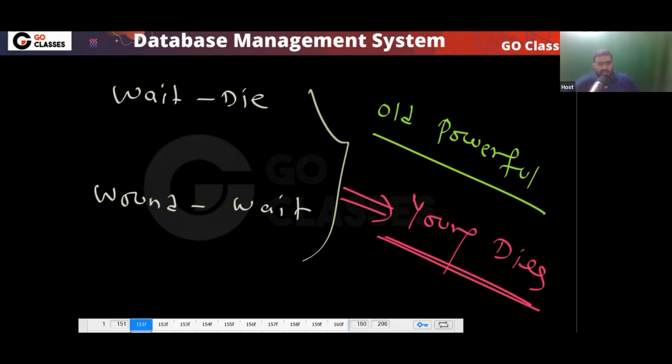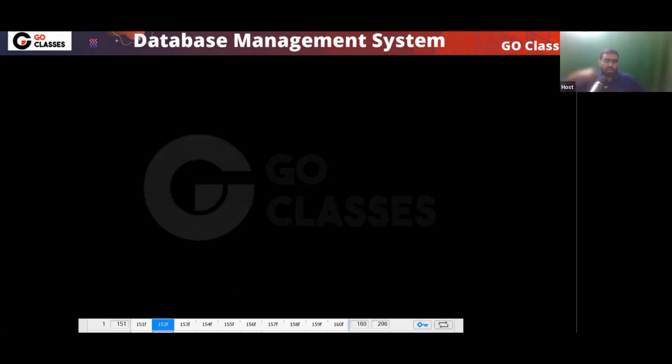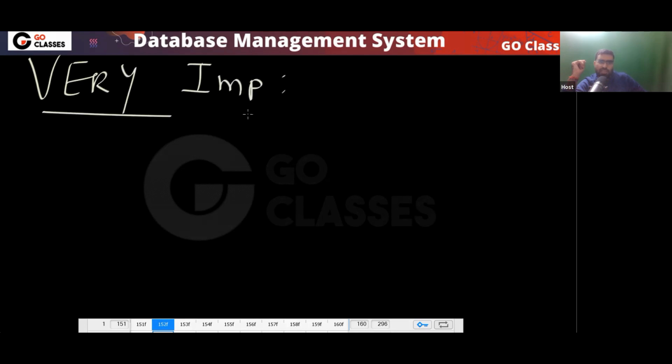But there is one more extremely important point in both of them, a very important point that we did not see so far. When younger dies, it will again come back. Do you agree?